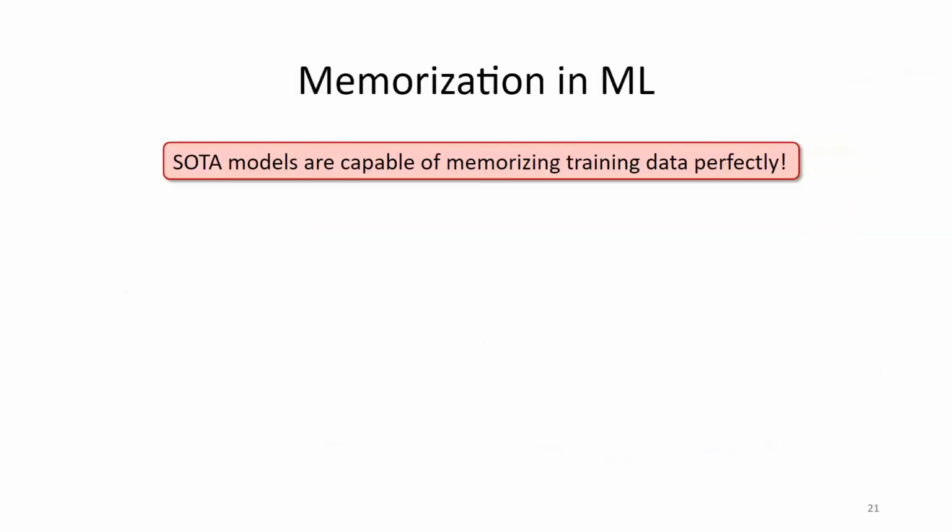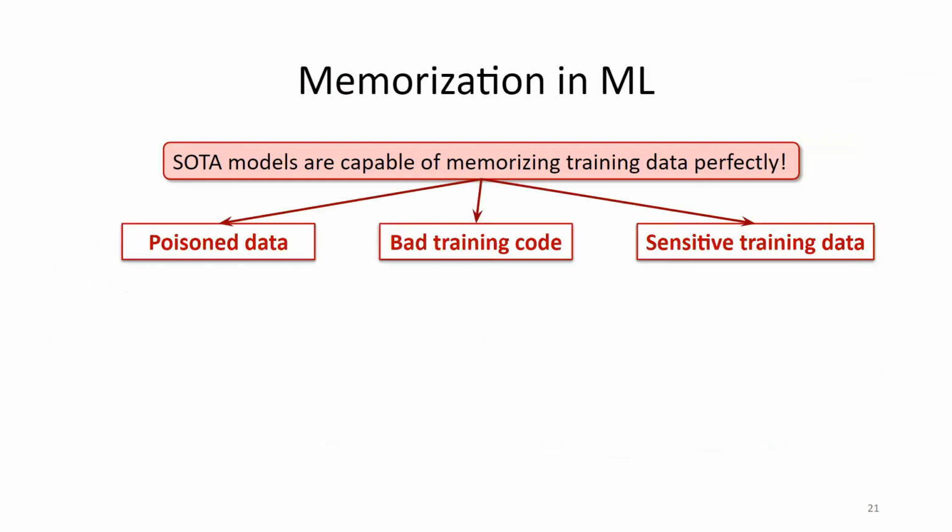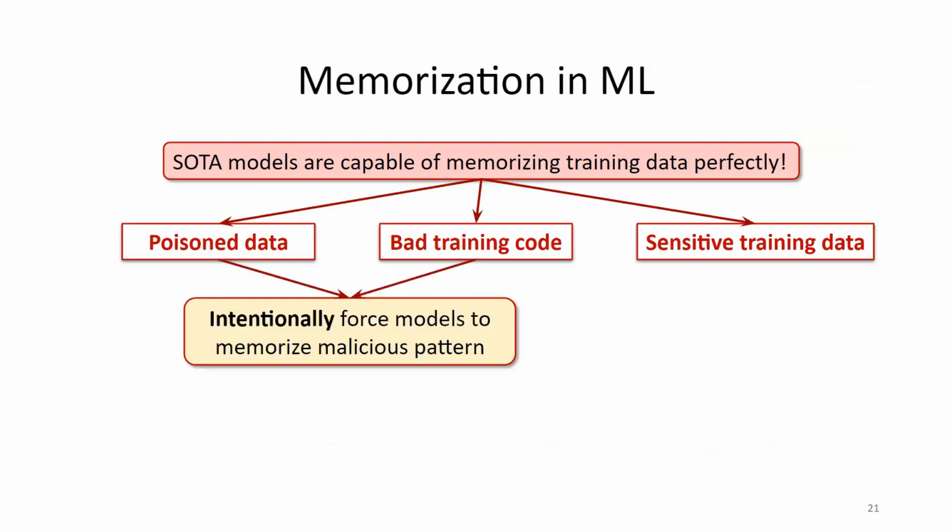I want to re-emphasize the role of memorization in these threats to machine learning. Many of our attacks explore the fact that state-of-the-art models are capable of memorizing training data perfectly. In the case of data poisoning and bad training code examples, we are intentionally forcing the model to memorize the malicious pattern provided by the adversary so as to create a backdoor in the model for encoding training data or for targeted predictions.